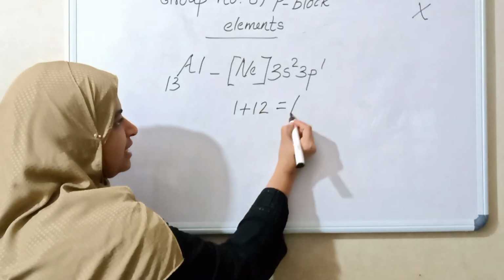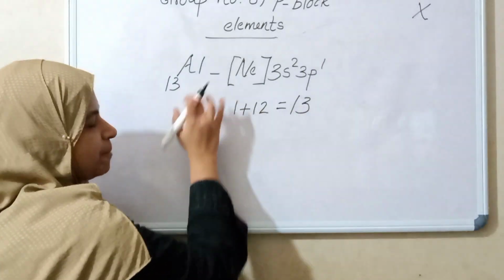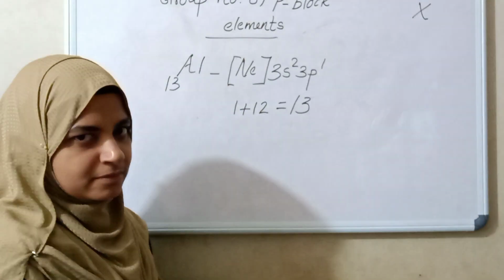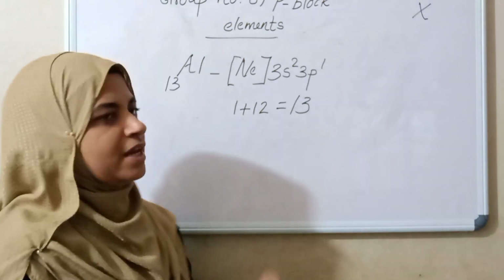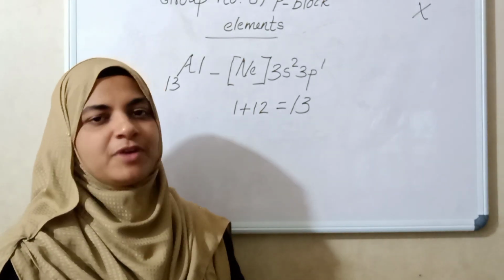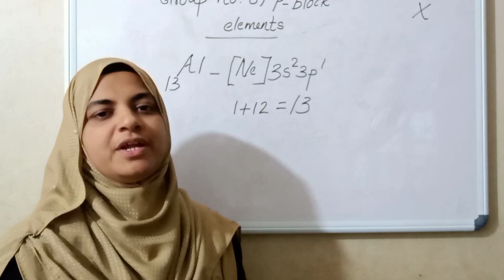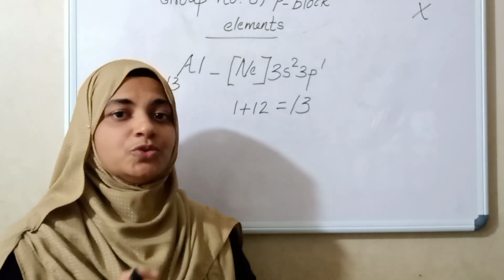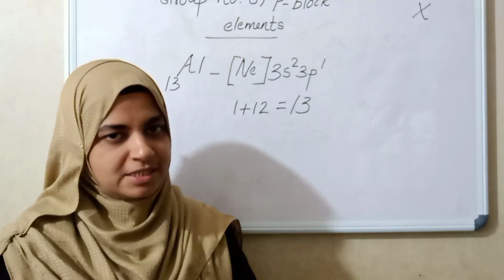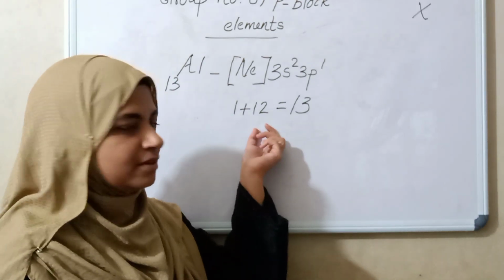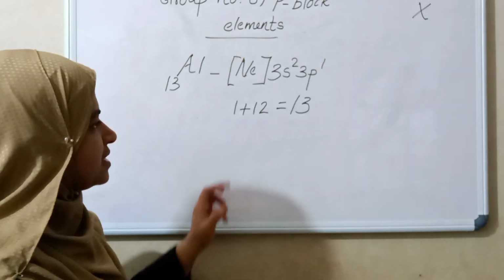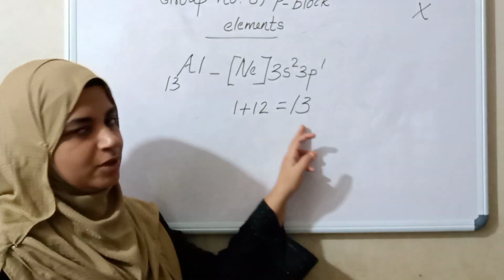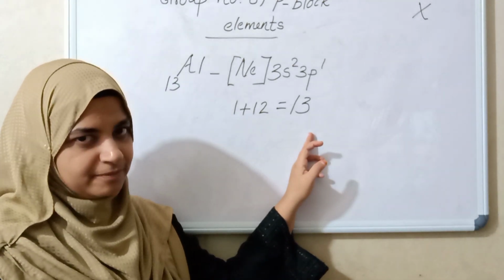Therefore, 13 is the group number of aluminium. The number 12 comes from the fact that in the periodic table, the P block starts after 12 groups. Therefore, here the group number is 1 plus 12 equal to 13.